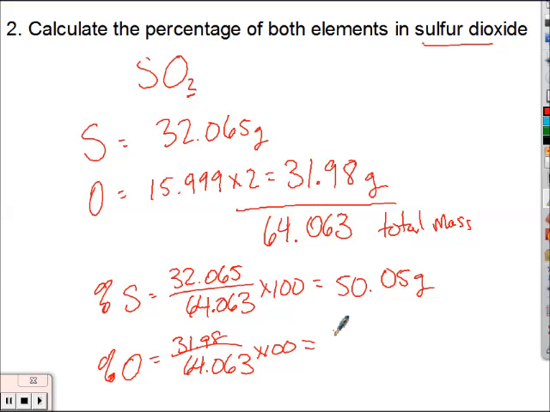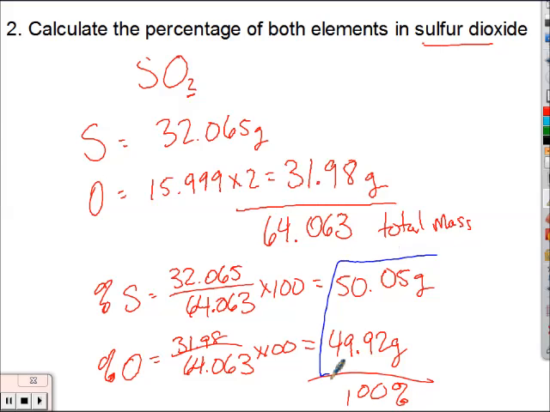And I get 49.92%, which again adds up to approximately 100%, depending on rounding. So this is how I would report it: 50% sulfur, 49.9% oxygen, and that's the percentage.